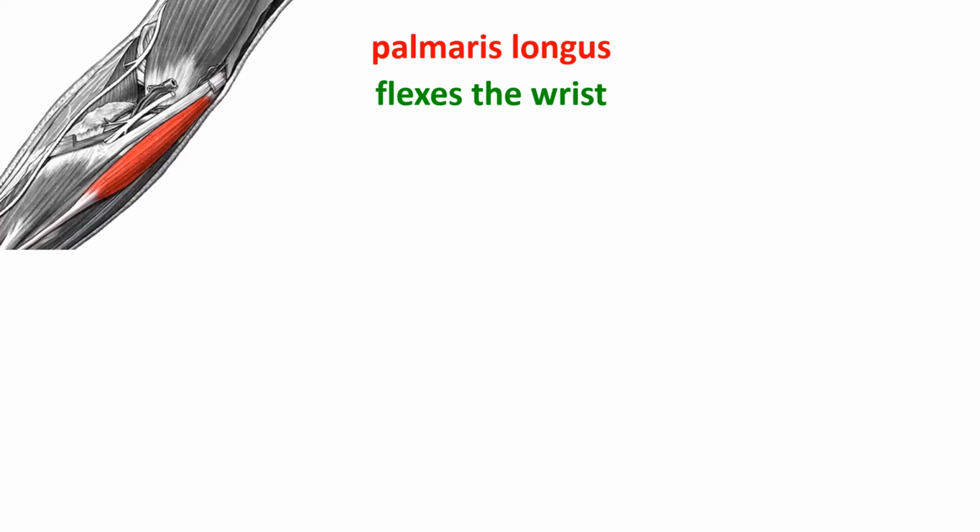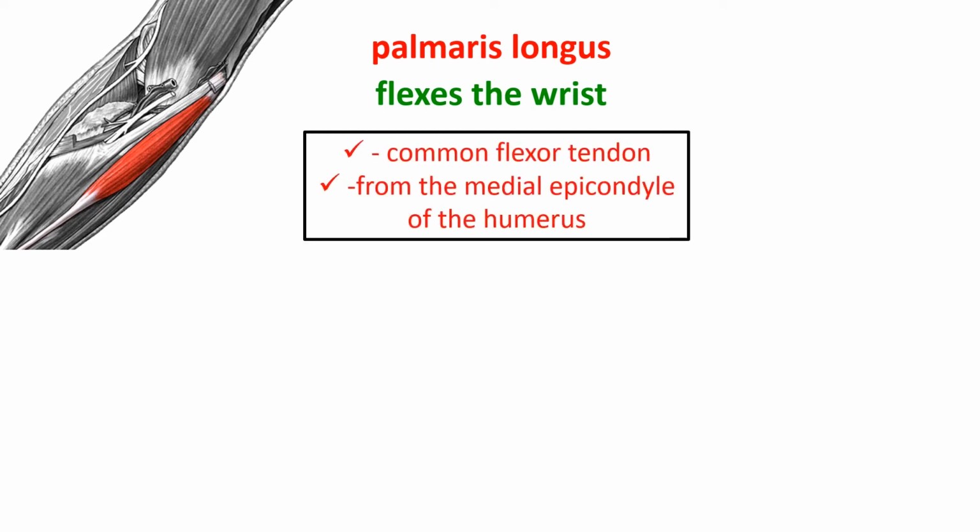Now, this colored red muscle is the palmar aponeurosis. It comes from common flexor tendon of the medial epicondyle of the humerus. This is where almost all flexor muscles arise from.